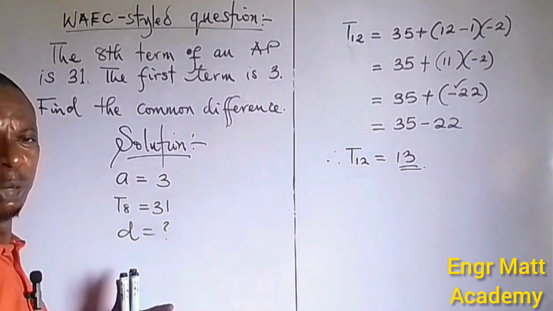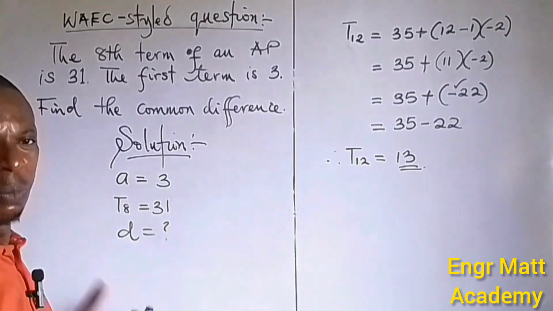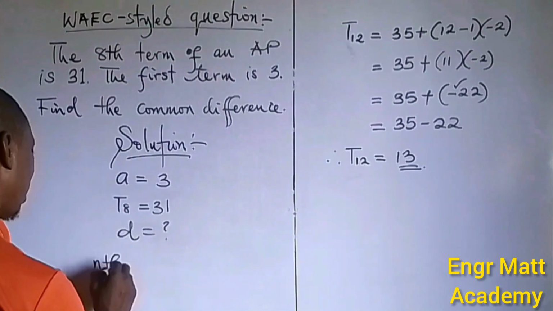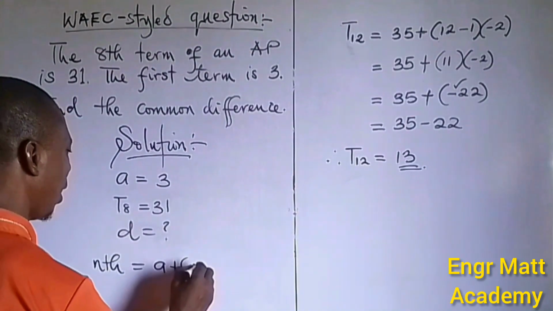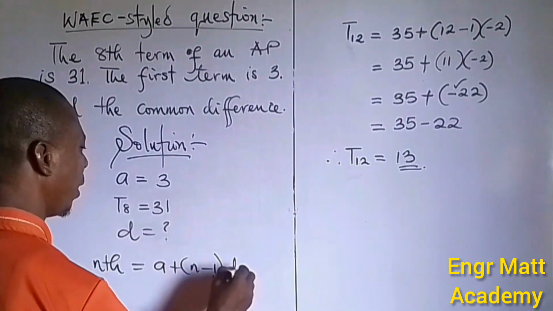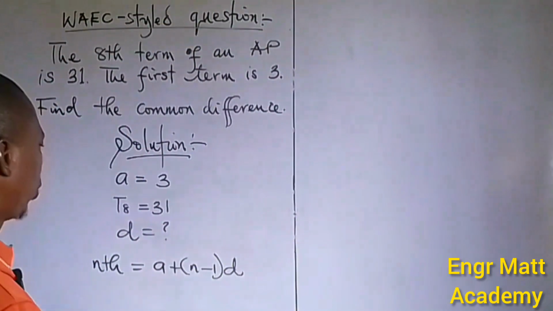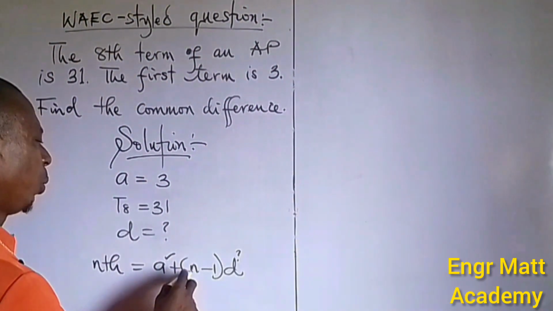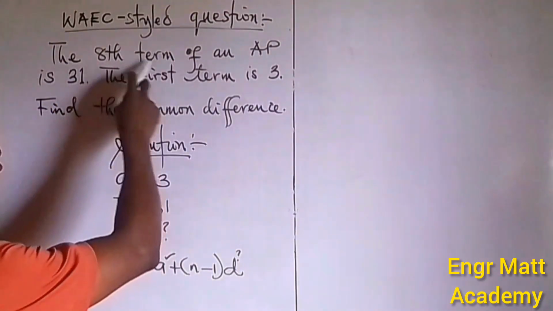How do you think we should go about this? We'll use the nth term formula. The nth term formula says a plus n minus 1 multiplied by d. We know a will be 3. We don't know d. Do we know n? Yes, the 8th term.